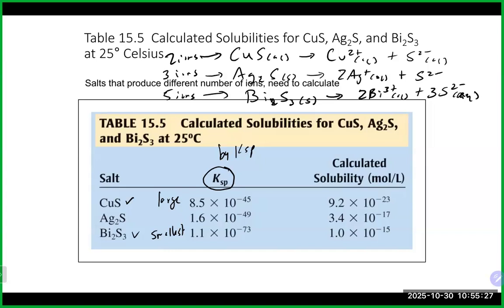And if we ranked them based on solubility and the KSP, we would actually say that this guy probably should be more soluble, and this guy should be least soluble of the bunch.